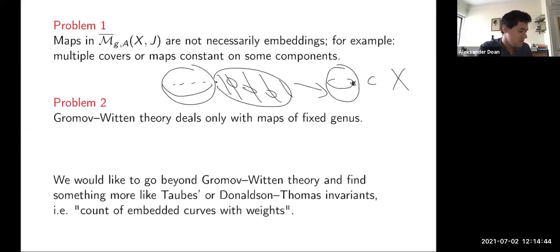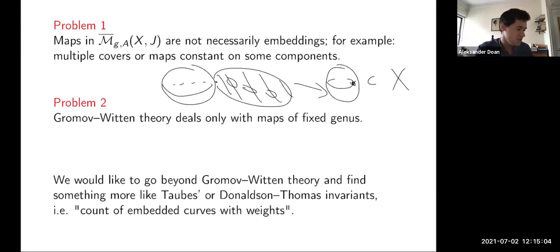And then there is the second problem, that Gromov-Witten theory deals only with maps of fixed genus. So maybe this is a less obvious issue, because in the end I said, well, you can always fix the genus. But in some sense, it is weird that Gromov-Witten theory doesn't tell you anything about what happens when the genus becomes large.